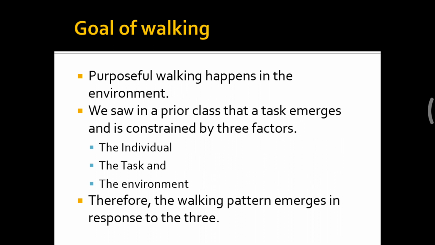Now we all know that purposeful walking happens in the environment. Say for example, not only the human body, but any device which is used for mobility, for example, you drive a two-wheeler or you travel by a bus, we all go from one place to another.